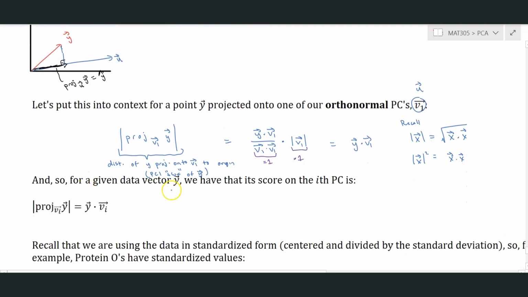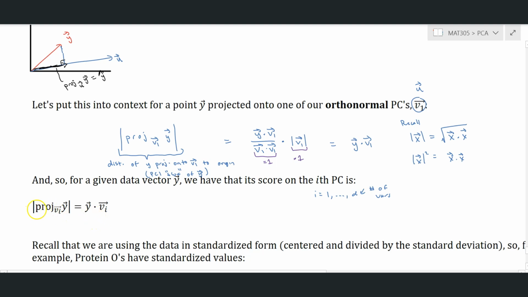So for any given data vector y, we have that its score on the ith PC, okay? So depending on how many principal components we have, we'll have 1 up to d, the number of variables that we have. We could technically score on each of the PCs, but we're only picking the dominant ones, the ones that contribute maximally to the variance.